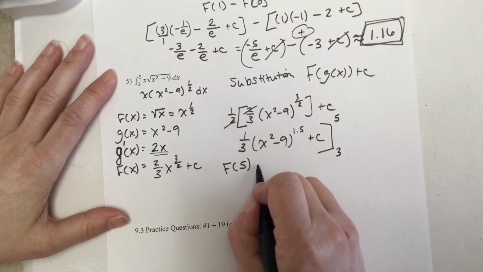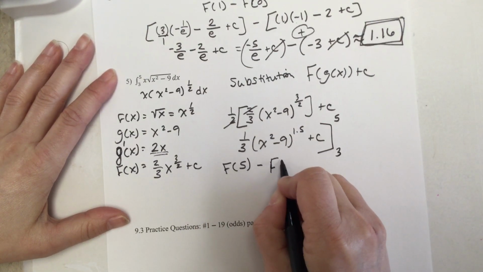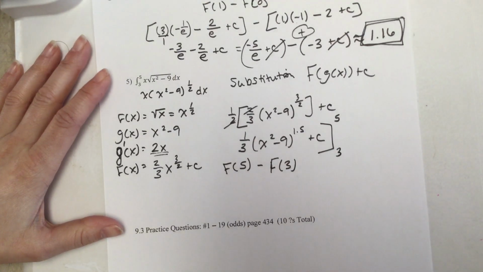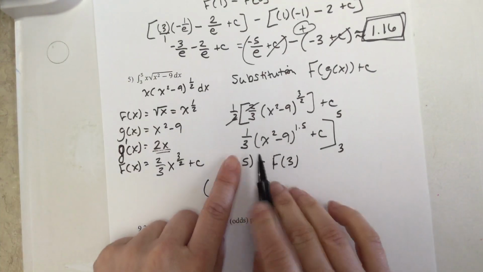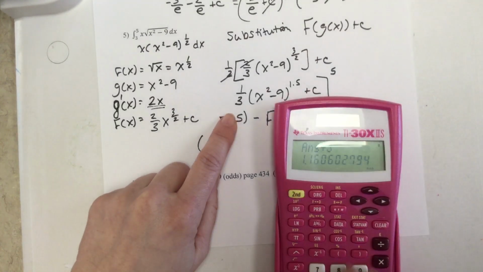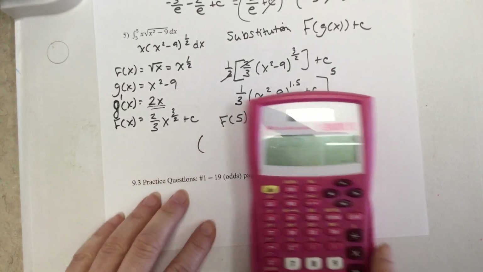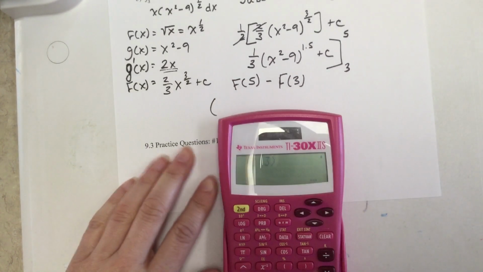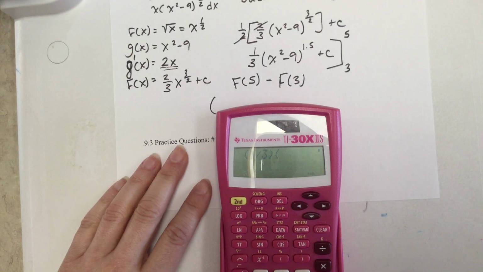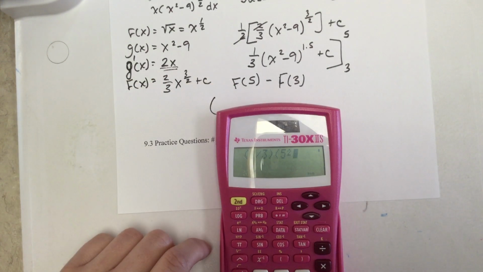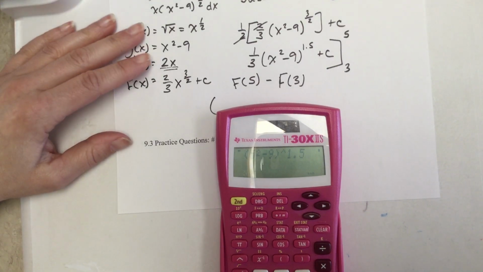So I'm going to fill in a 5. Then I'm going to fill in a 3 and figure out what those solutions are. The nice thing is this I can enter at one time. So if I go 1 divided by 3, okay, there's your 1/3. Then open another parenthesis. If I put in a 5, it's 5 squared minus 9, close it, to the power of 1.5.